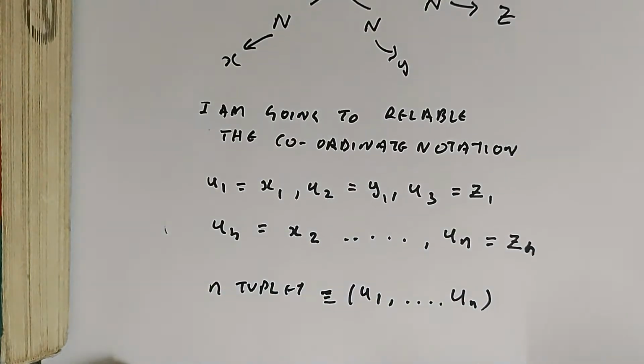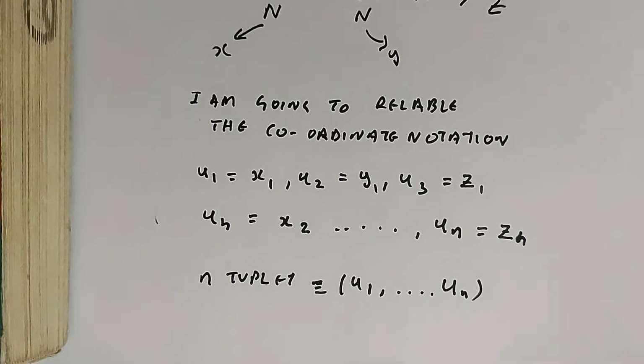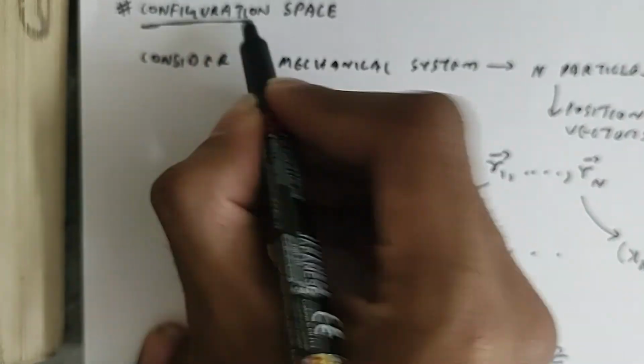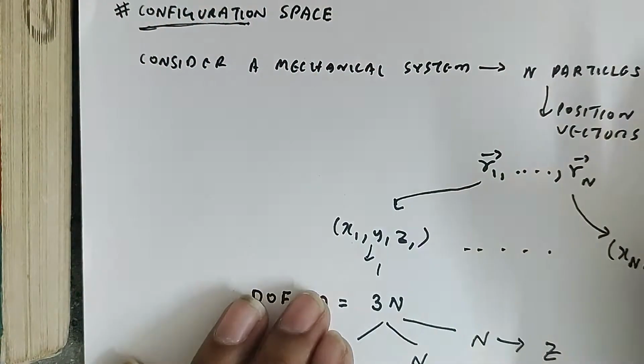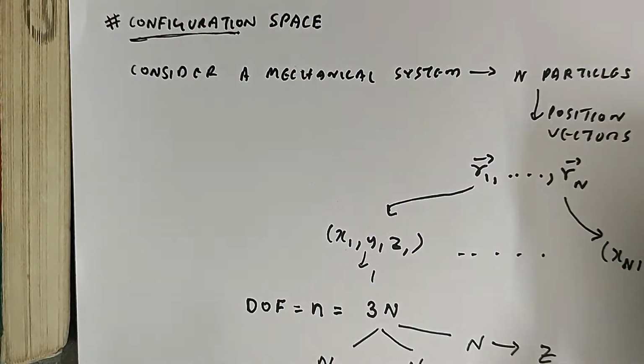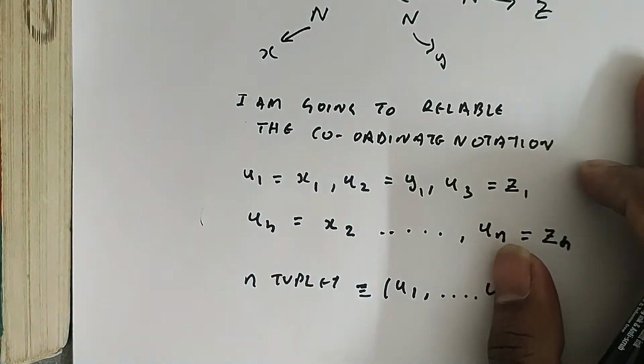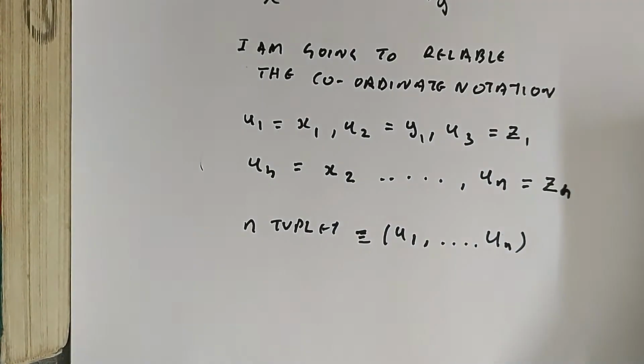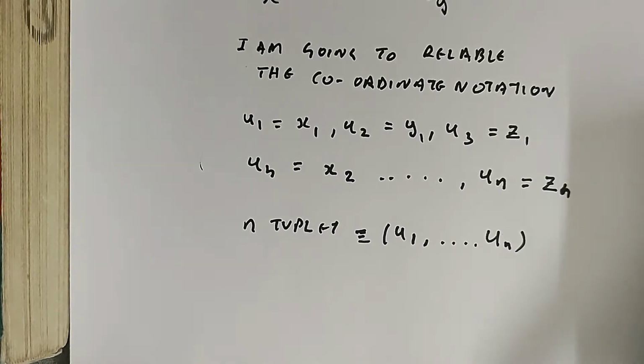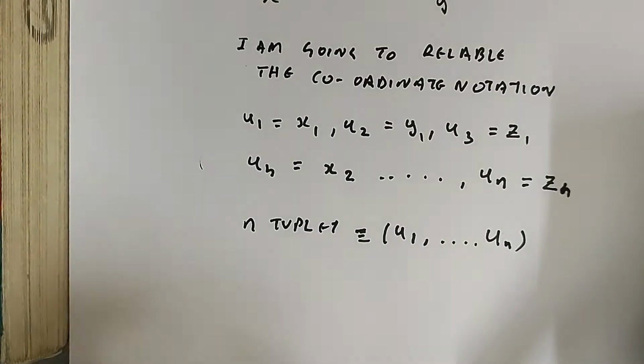So by the word configuration, what do I mean? What I really mean is, and I want you to listen very carefully, if I know the location of each one of those particles, then of course I know the configuration of the system, right?